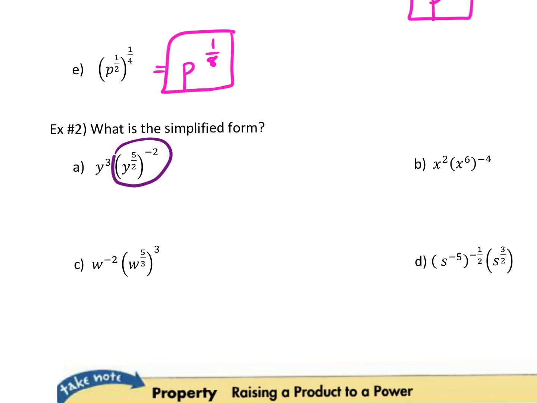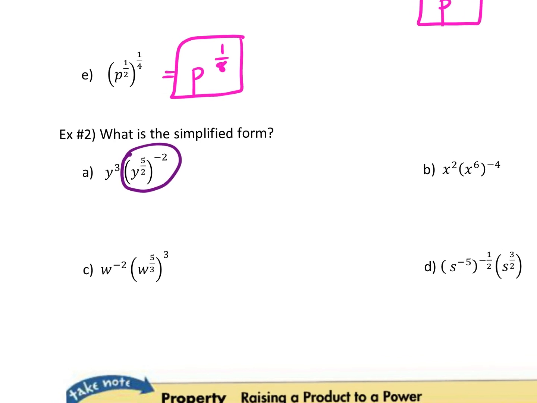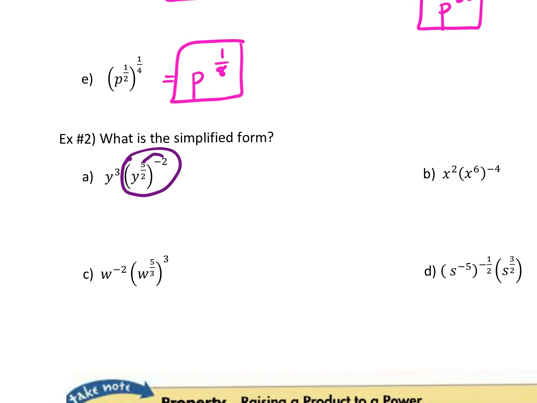Okay, here's how we're going to do this. You can leave what you have. I'm just giving you a clean slate. Y to the negative 5/2, I'm going to multiply that, okay? We're going to multiply. Y to the negative 10 over 2. You still have that y to the 3rd out in front. What's negative 10 over 2? Negative 5. So this is y to the 3rd times y to the negative 5th.